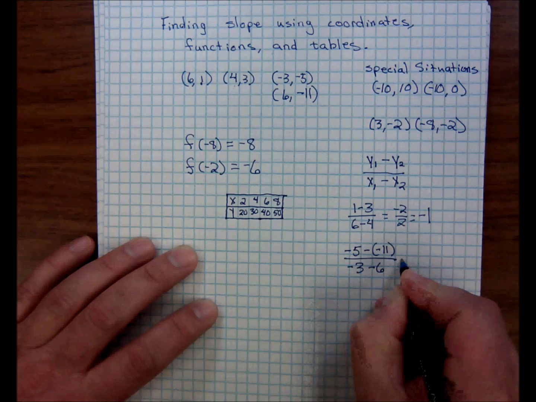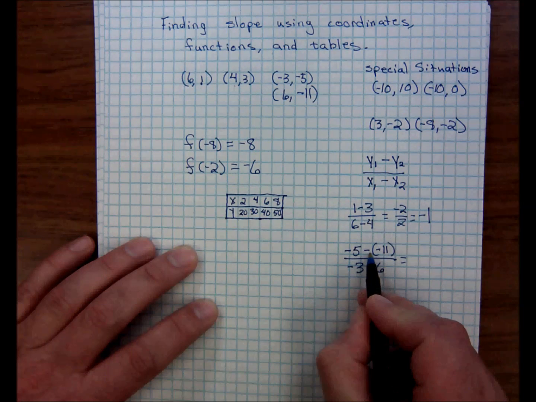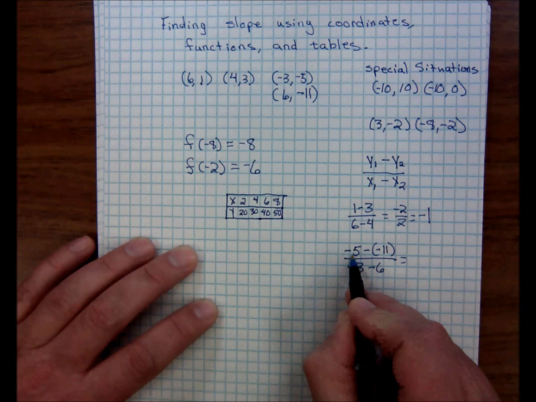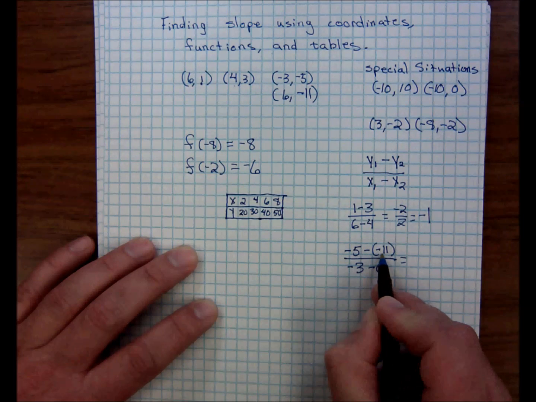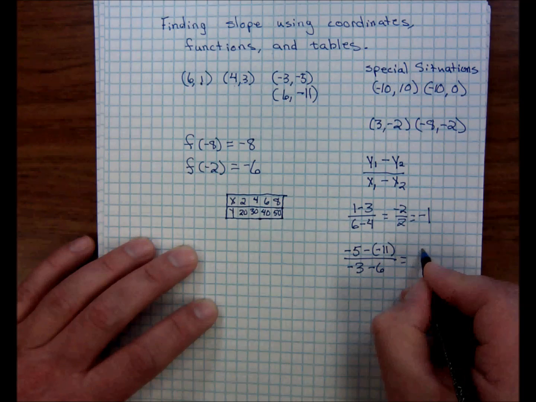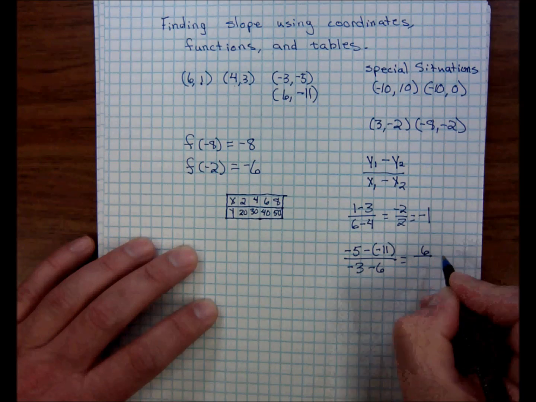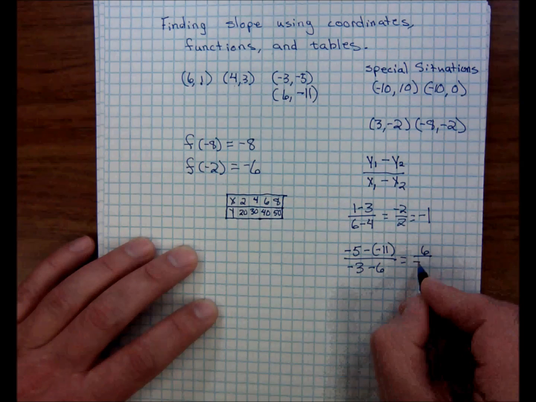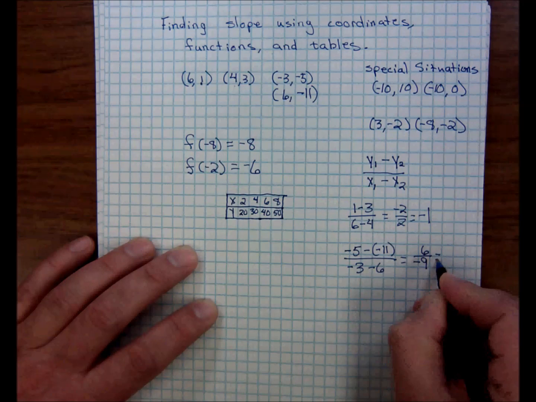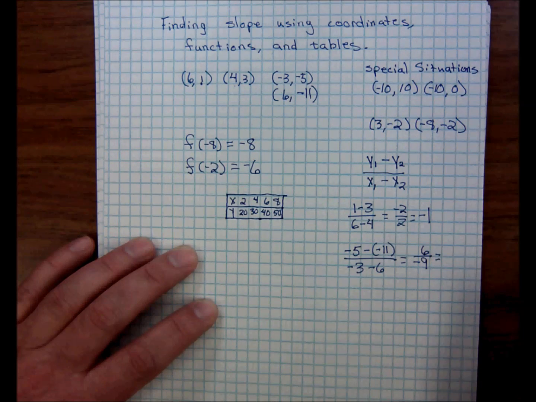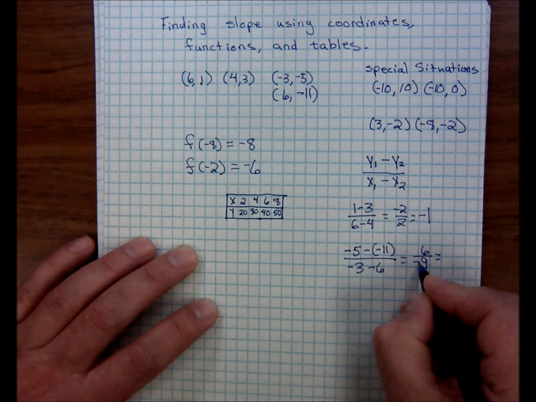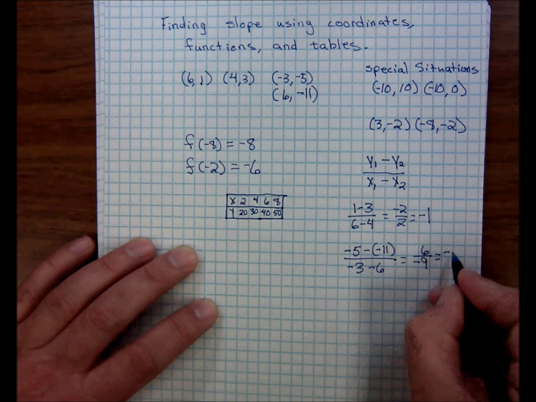Subtracting a negative makes it a positive, so we really have negative 5 plus 11, which is a positive 6. And here negative 3 minus 6, which is negative 3 plus a negative 6, is negative 9. We always put our slopes in lowest terms, so that would be 2/3, and we have a negative and a positive, so negative 2/3 would be our slope.